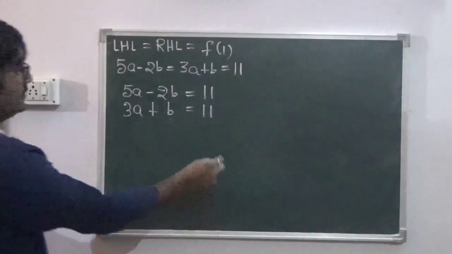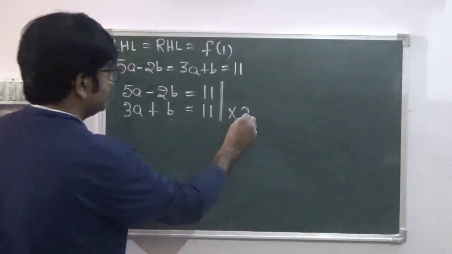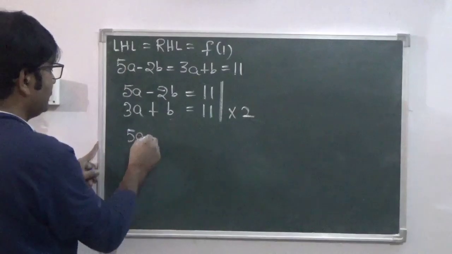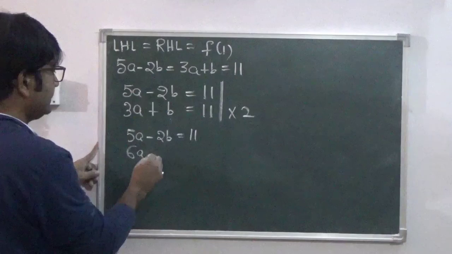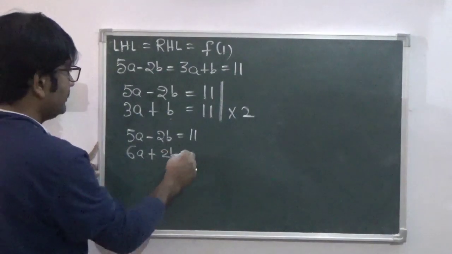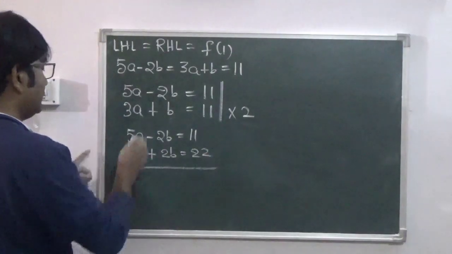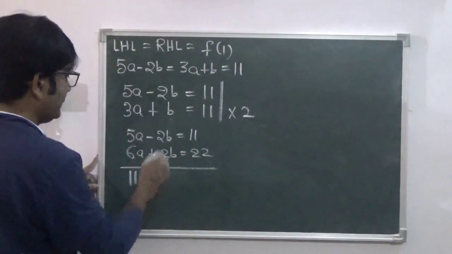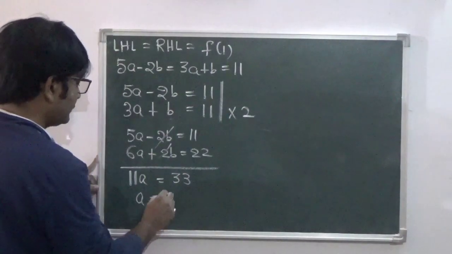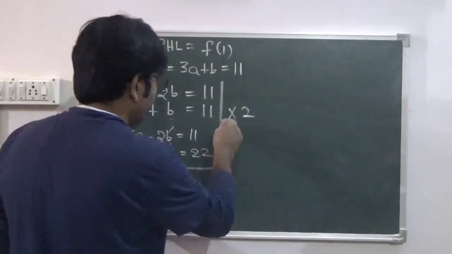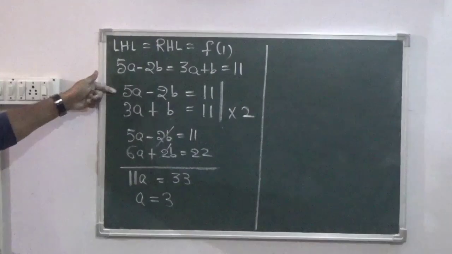So what we can do is, if you multiply the second equation by 2, we have 5a minus 2b equals to 11 and this will be 6a plus 2b equals to 22. Now we add the two equations. We have 11a is equal to 33. So you have a equals to 3. Now putting the value of a in either of these two, I am putting it here only.